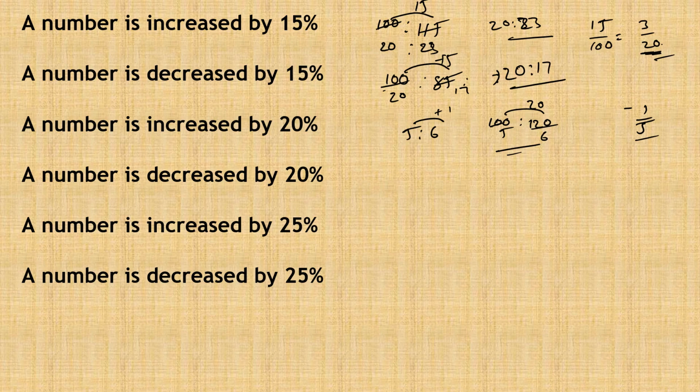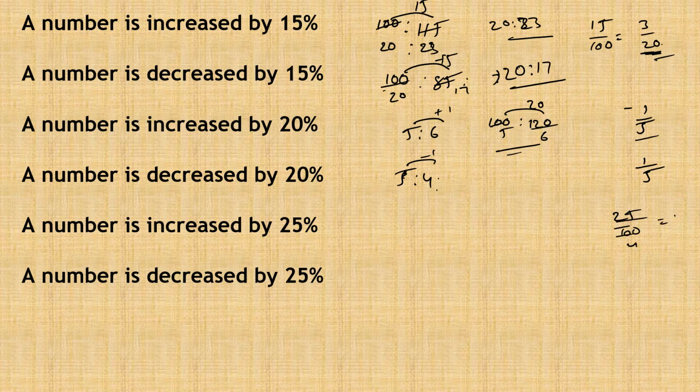A number is decreased by 20%, 20% denotes 1 by 5, and it is decreased by 20%, that means it was 5 decreased by 1, that is minus 1. 5:4 is the ratio. A number is increased by 25%, 25% means 1 by 4.